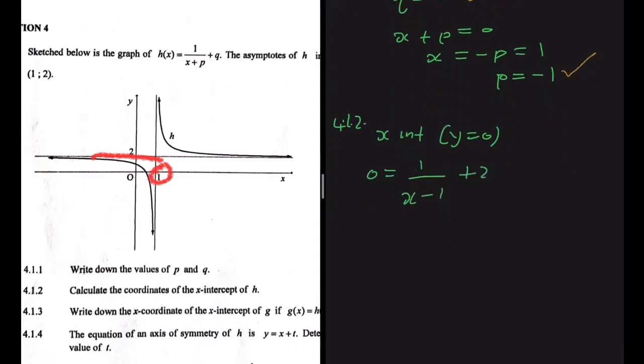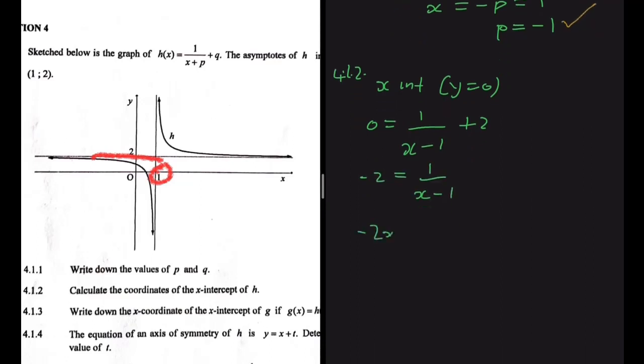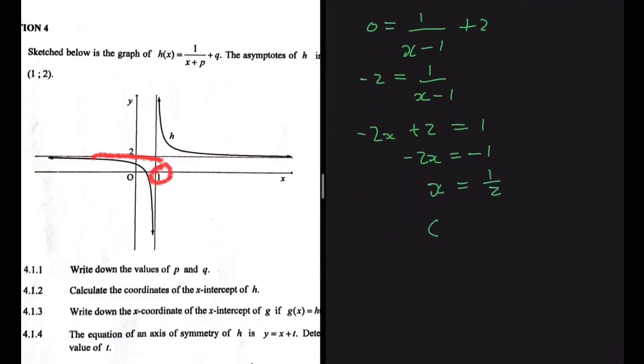If we take 2 to the other side, we get minus 2 is equal to 1 divided by x minus 1. So minus 2x plus 2 is equal to 1. Minus 2x is equal to 1 minus 2, that will be minus 1. So x is equal to 1 divided by 2. Our coordinate is 1 divided by 2 and 0.